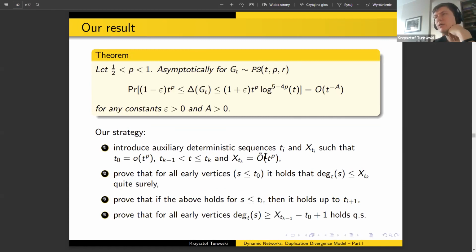Okay, and the same goes for the lower bound. Only in the lower bound we do not have the formula that the degree is less or equal to x, but rather we have that the degree is greater or equal to x minus t0 plus 1.